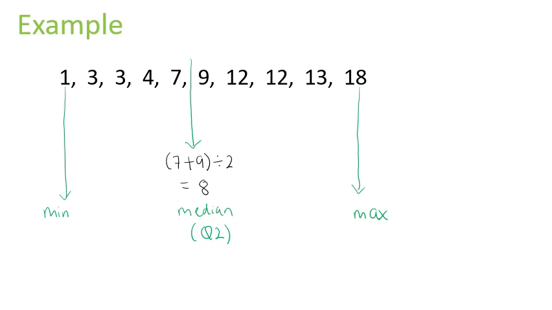Okay, next we need to work out the Q1. So that's the median of the lower values. So this is our lower values here. And the median of that, that's just the middle number. So that is this here, 3. That's Q1.